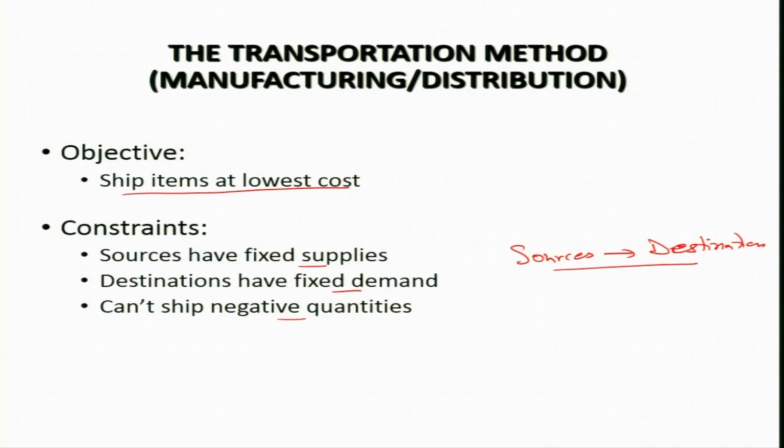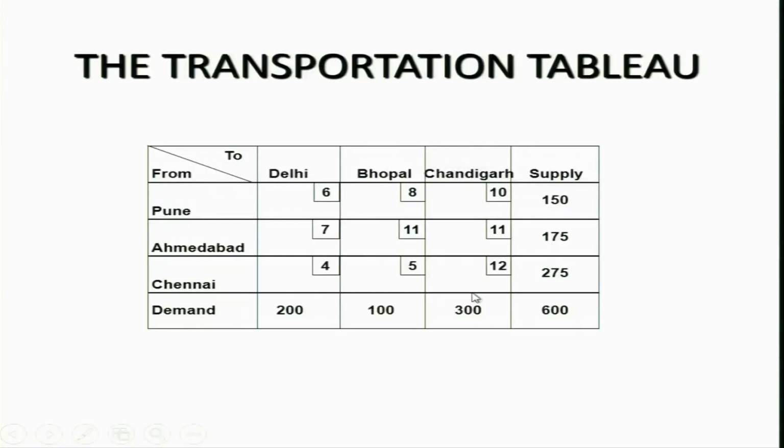So, let us see with the help of one example here also. Let us take a small example to understand the methodology and the formulation of the transportation method. Take this example, you have 3 factories, let us say located at 3 cities, Pune, Ahmedabad and Chennai, and you have 3 markets also, for example sake A, B and C, which are located at Delhi, Bhopal and Chandigarh.